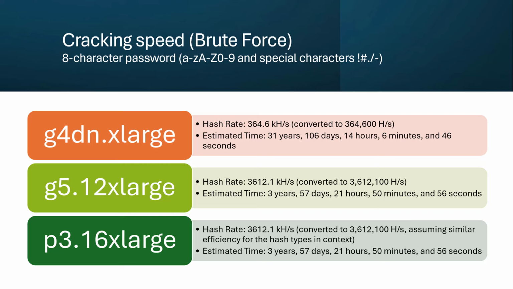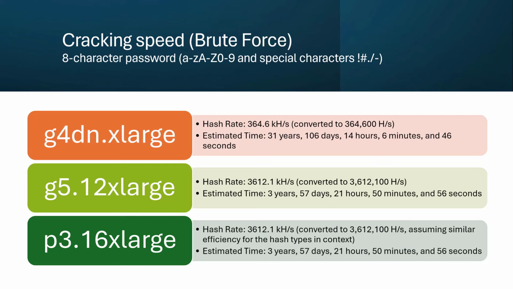I understand the amount would seem greatly hard to understand, how we would generate so many passwords. But think about it this way: it would take around 31 years, 106 days, 14 hours, 6 minutes, 46 seconds with the G4DN X large to crack the 8-character password, and that would be impractical and not usable.